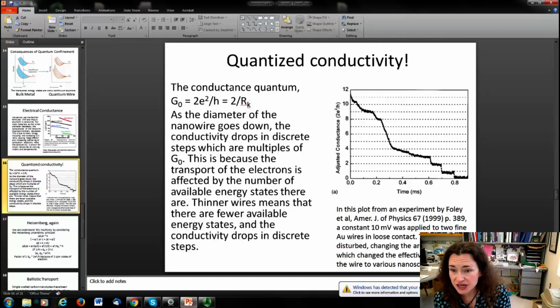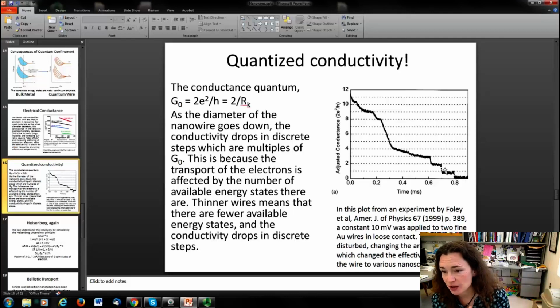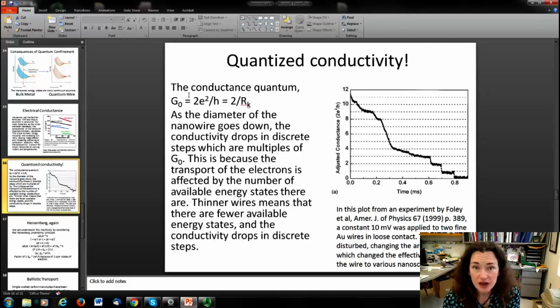And then you can see that they got these discrete steps as they were oscillating their wire, and those discrete steps corresponded to integer jumps in the conductance, corresponding to integer jumps of G naught, the conductance quantum. This is because the transport of the electrons is affected by the number of available energy states.